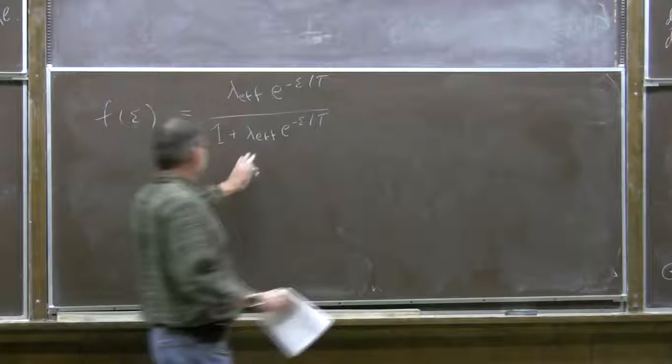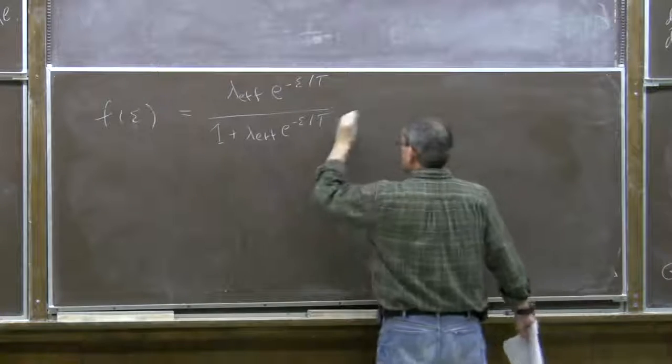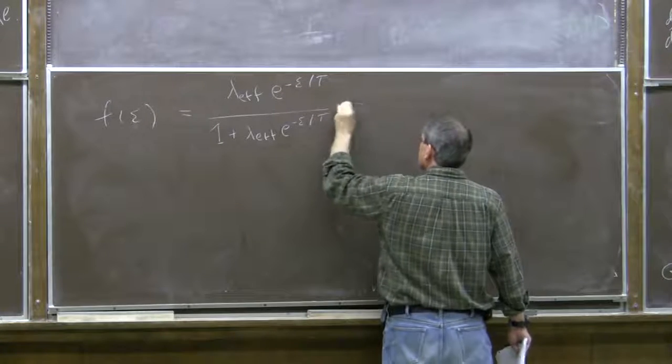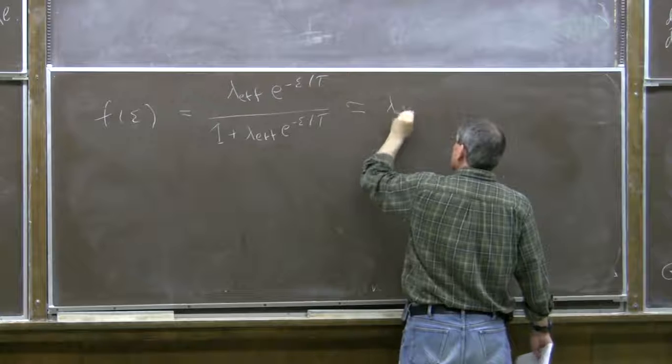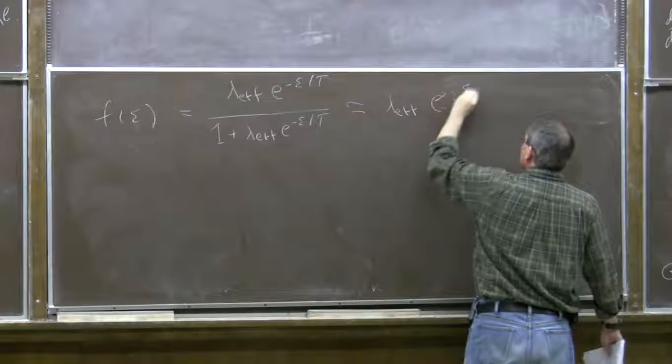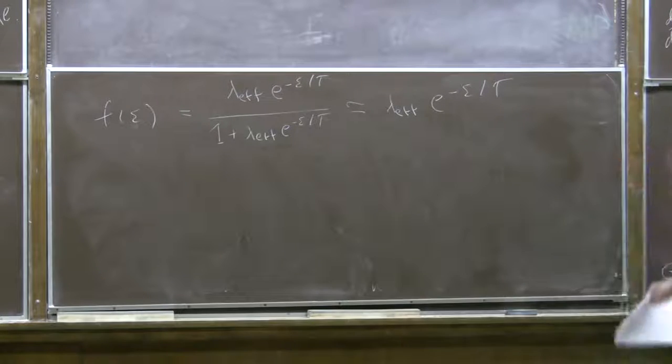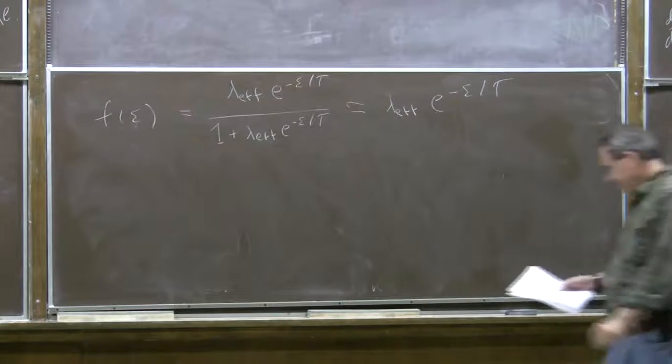In the classical regime this is much smaller than the 1, so this is essentially lambda effective e to the minus epsilon over tau, where epsilon is the energy of the orbital. So we had exactly the same formula before, but now we have lambda replaced by lambda effective.